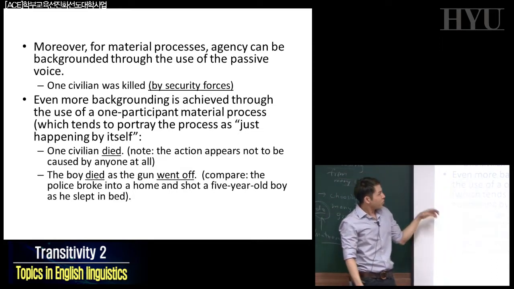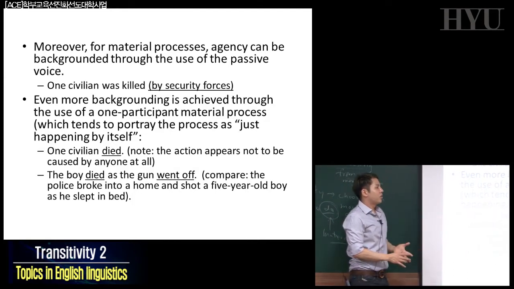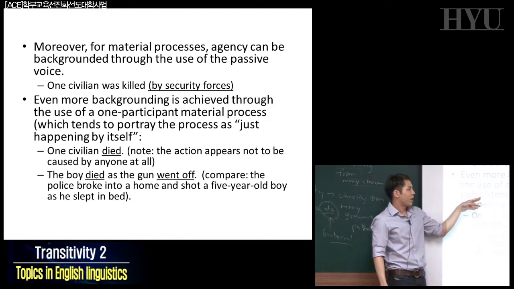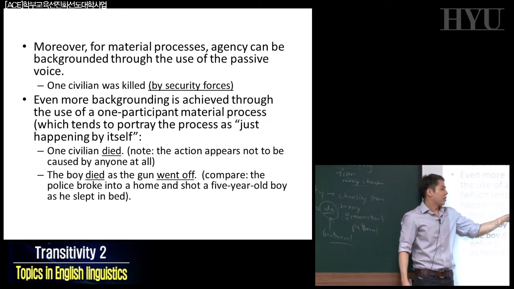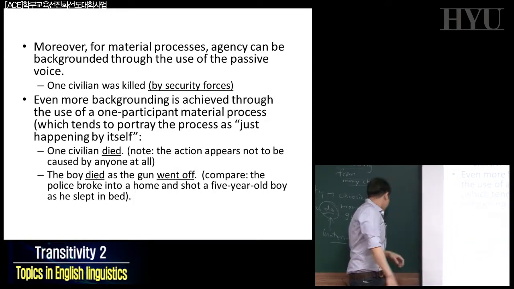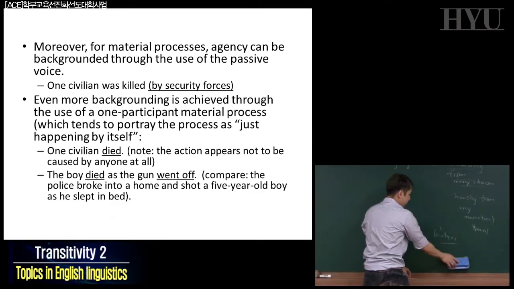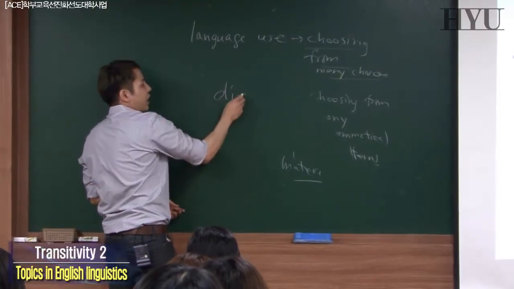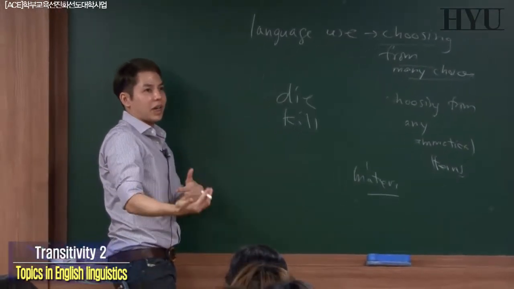Okay? And even more backgrounding can be achieved through the use of a one participant material process. For example, one civilian died. So died here, you cannot have an object, right? Let's see. The difference between die and kill is the fact that both involve someone becoming dead.